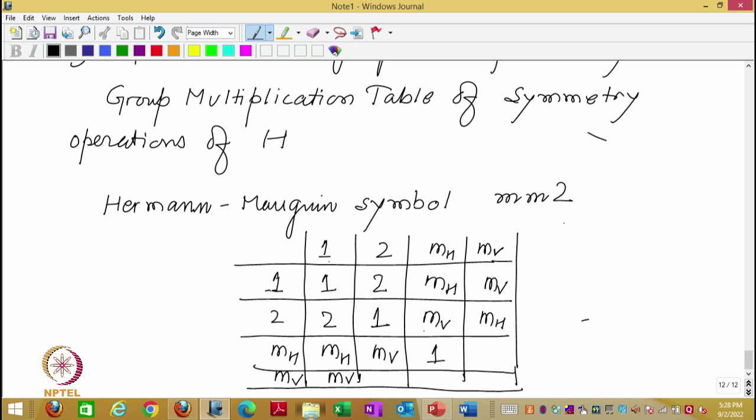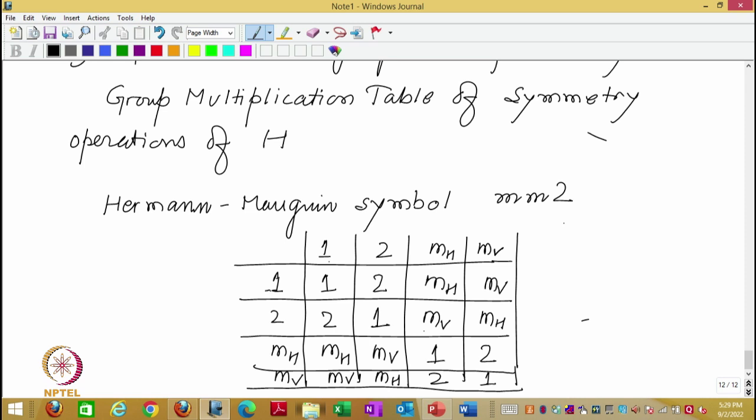If you are seeing only this group, we may conclude that, but this will not be true, as we will look at other groups. So, in this case, each element is its own self inverse. MH into MV 2, MV into 2, MH, MV into MH 2. So, you can see a beautiful table has been formed, which is justifying your group property.